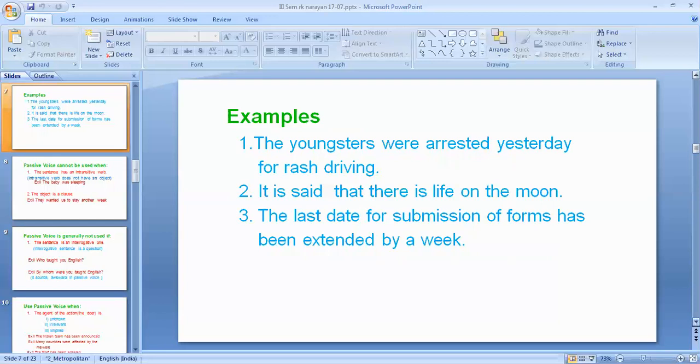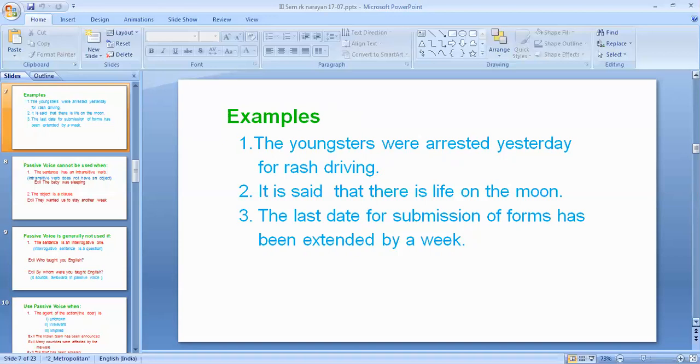We try to understand passive voice by seeing these three examples. Look at the first example. The youngsters were arrested yesterday for rash driving. In the sentence, the youngsters, two or three, were arrested yesterday.